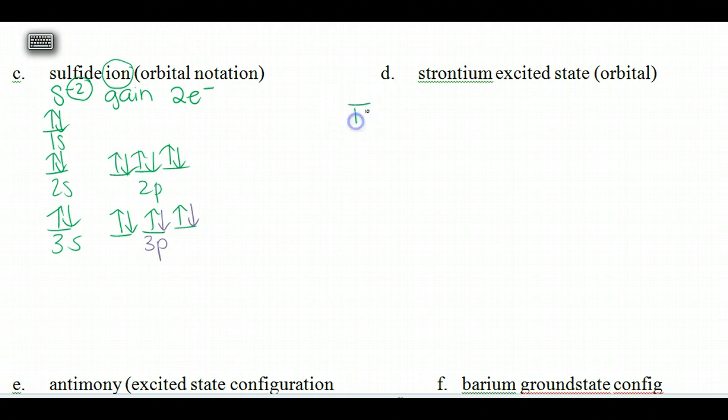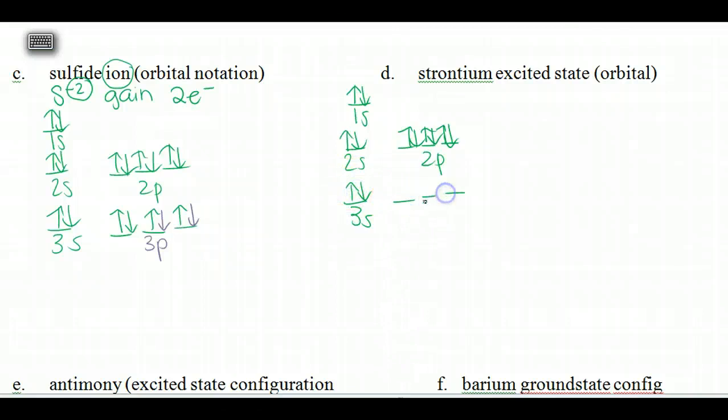So we find strontium on the periodic table. 1s is full. 2s is also going to be full. 2p, full. 3s, full. 3p, full. 4s, full. 3d is full.